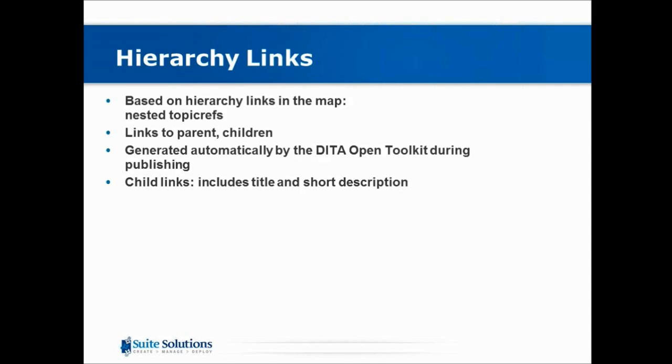When you publish that content, either using the DITA toolkit or other tools, links are generally created automatically to the parents and to the children. For example, if you have a topic and then a set of topics listed underneath, you might have a set of links at the end of the topic showing a list of child links, or links that are underneath the hierarchy.